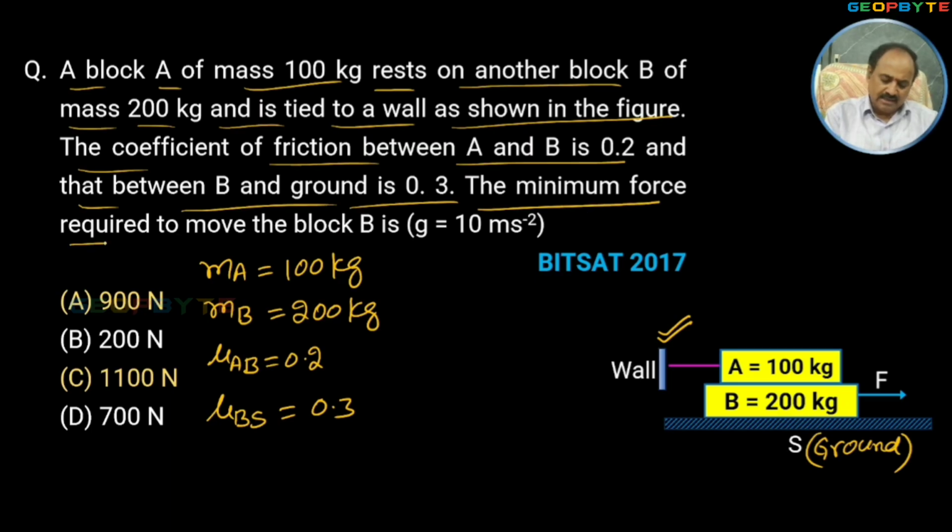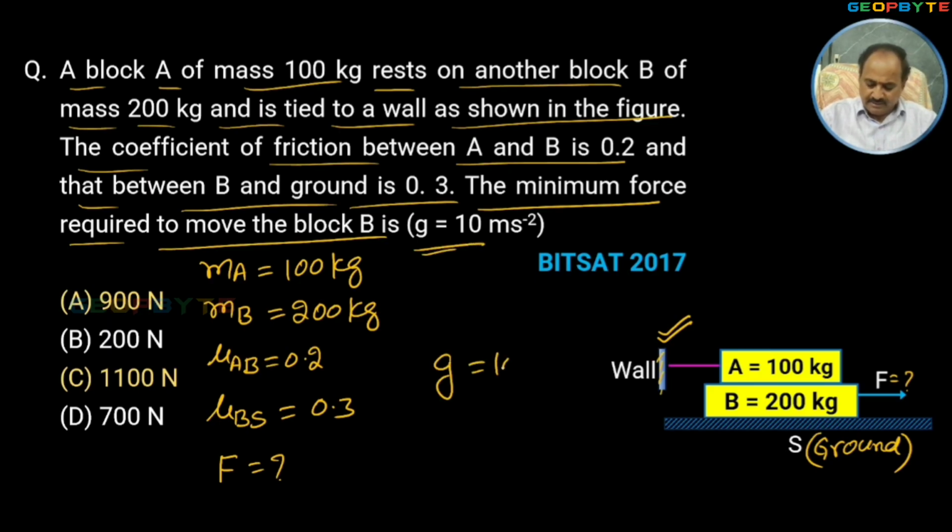The minimum force required to move the block B is, what will be the minimum force required to move the block B? Block A cannot be moving because block A is tied to the wall. For that, you are asked to take G equal to 10 meter per second square. That is the question. For that, as you know, the force must be equal to the frictional force developed between A and B plus the frictional force developed between B and surface.